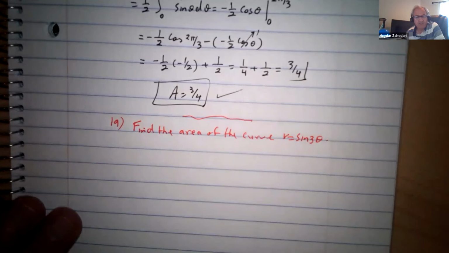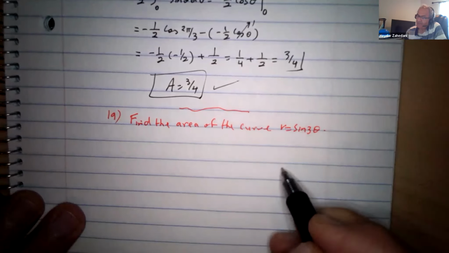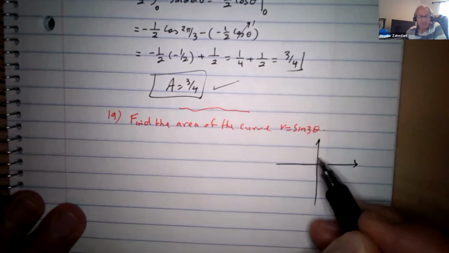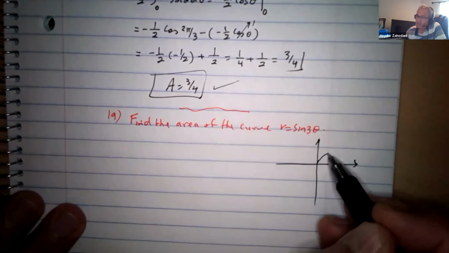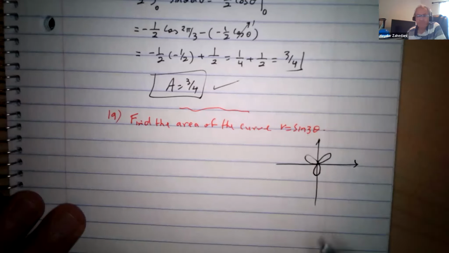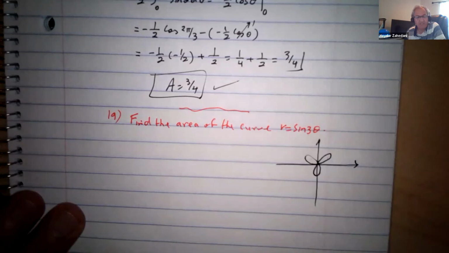So if you find the area of one of those petals, then you can multiply it by 3 to get the answer. Okay, so that's the idea of this type of problem. You have to know the graph. So you have 3 petals. That's going to be 1, and this is going to be 2, and this is going to be 3. So you can find the area of one of these and you multiply by 3.